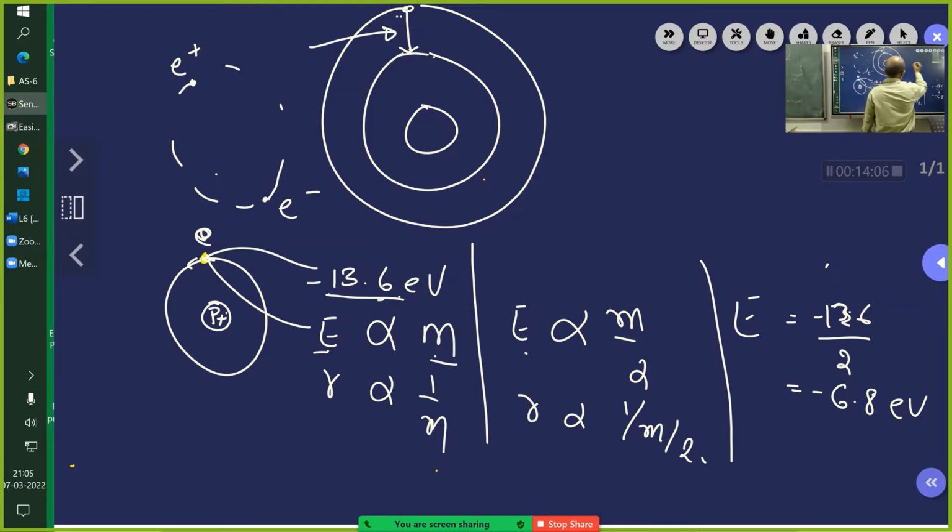See, if it was a hydrogen atom, E1 would have been minus 13.6, correct?